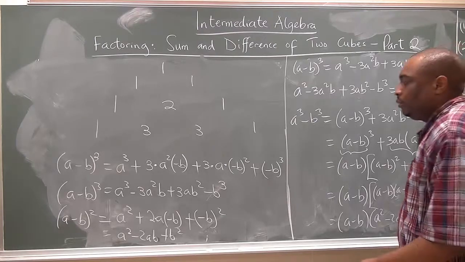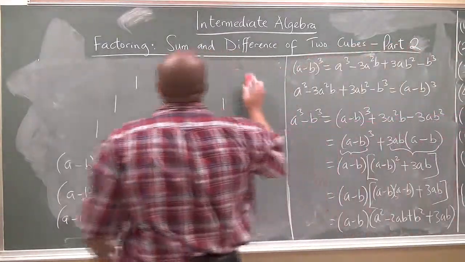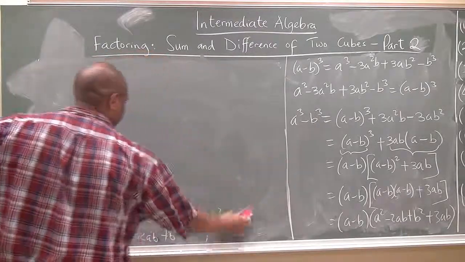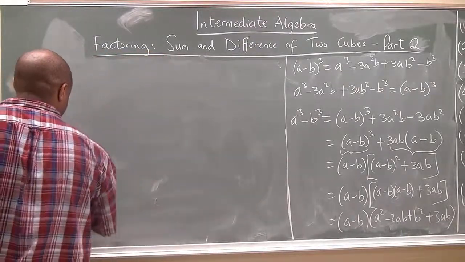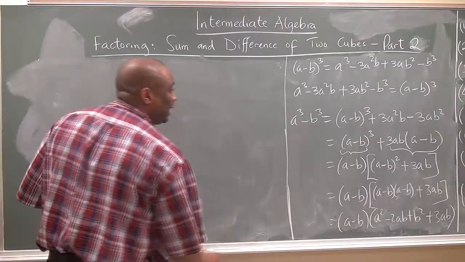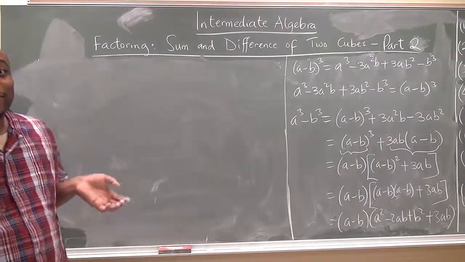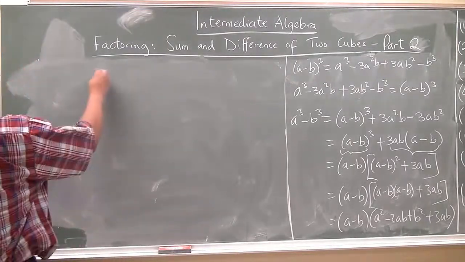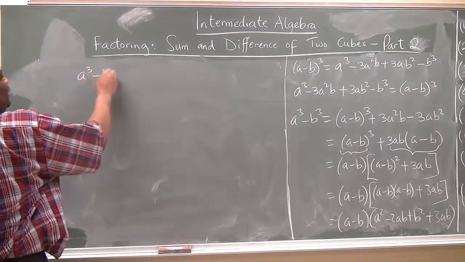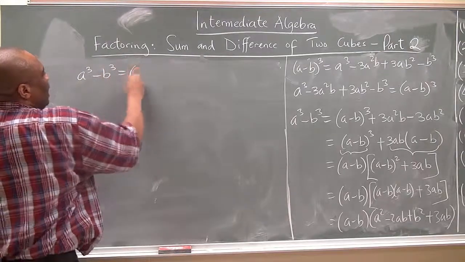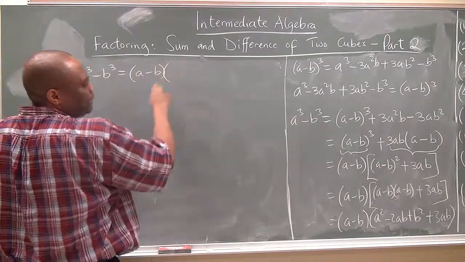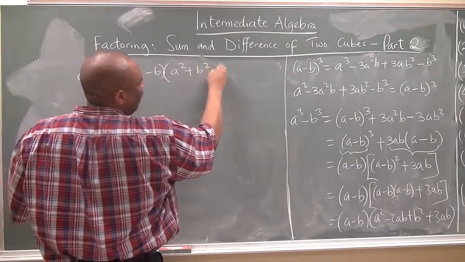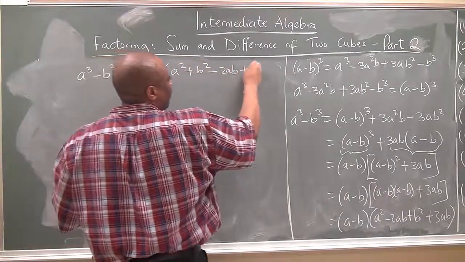Okay, so we've got to finish this. I need to erase this. So this will be that a cubed minus b cubed is a minus b times, this is now a squared plus b squared minus 2ab plus 3ab.